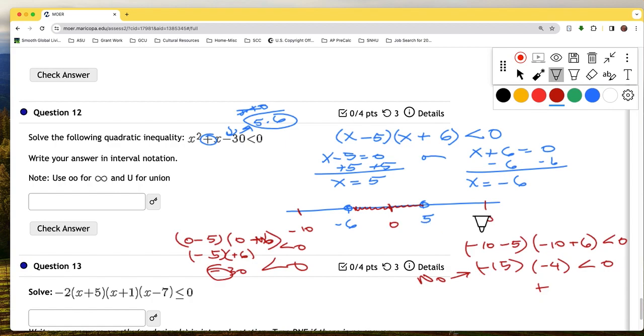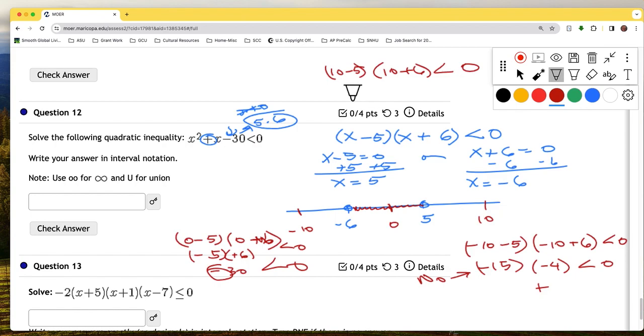And you'll see you could try this one, but it's not going to work. You put in 10, you get 10 minus 5. That's going to be a positive number. Oh, actually it might work. Oh, no, we need it to be less than 0, right? We need it to be negative. So that's not going to work. And then we get 10 plus 6. Is that less than 0?